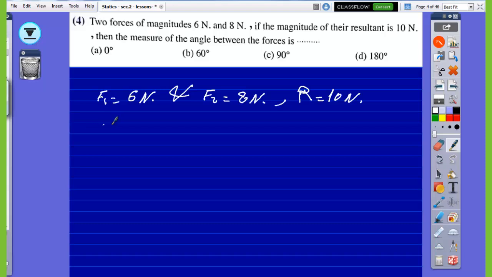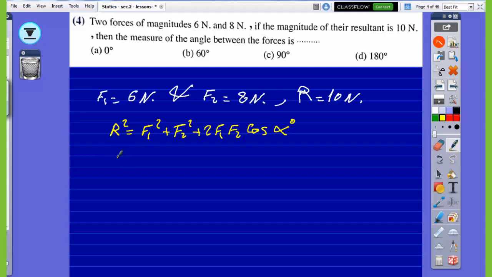So we write the rule here: R square equals F1 square plus F2 square plus 2 F1 F2 cosine the included angle, denoted by alpha, in degrees, and we will substitute.